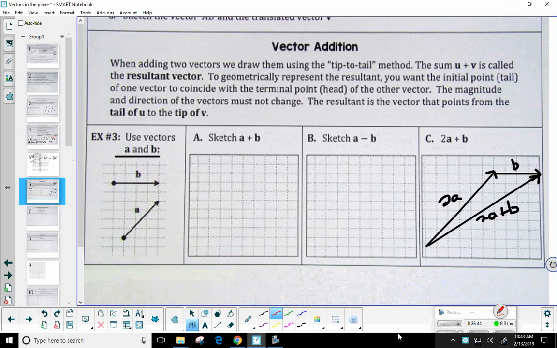Zach, help me out. I want to go from here, the initial, to the terminal of 2A plus B. How far horizontally do I have to move? I'm sorry? 9, we're close. 10.